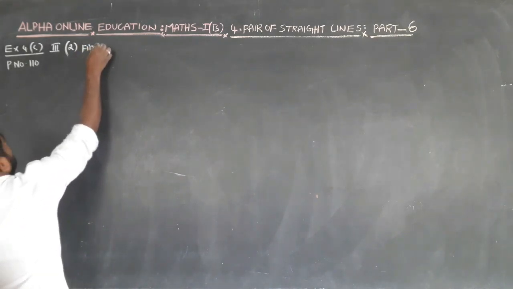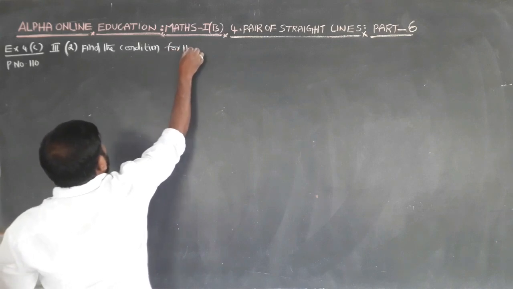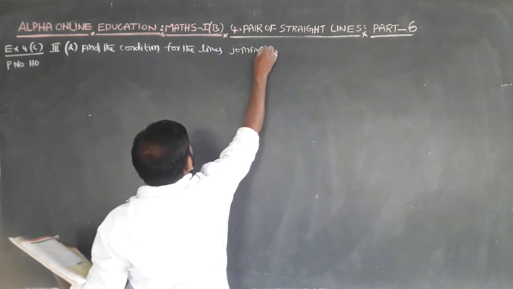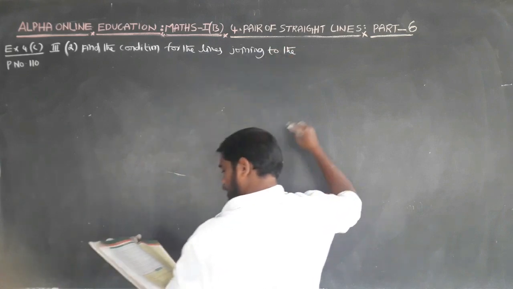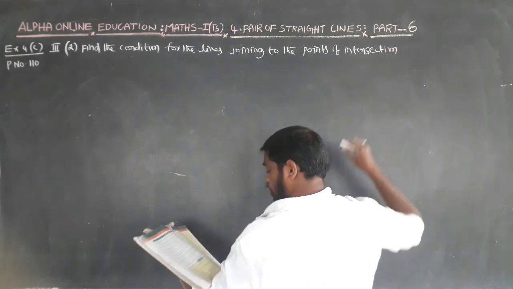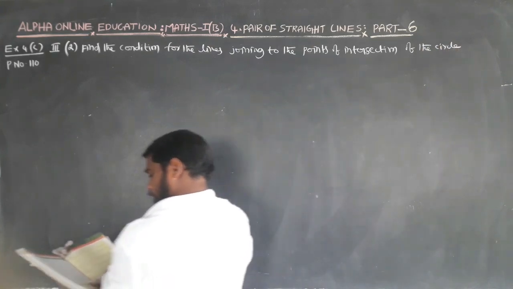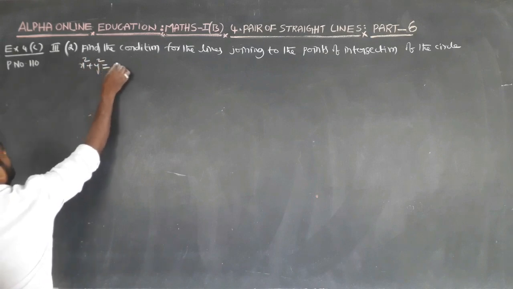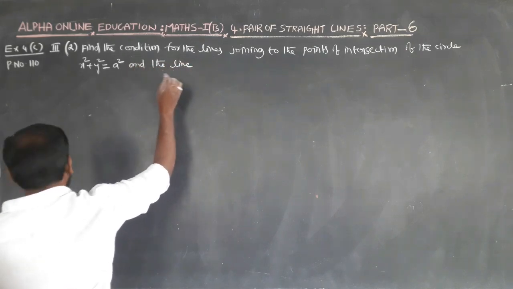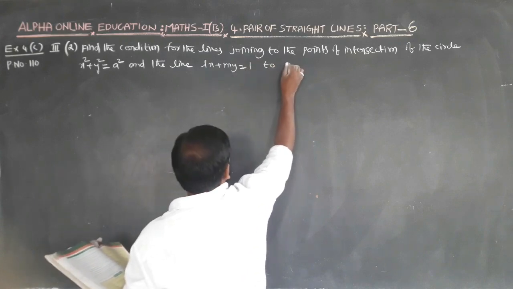Find the condition for the lines joining the points of intersection of the circle x square plus y square is equal to a square, and the line lx plus my is equal to 1, to coincide.